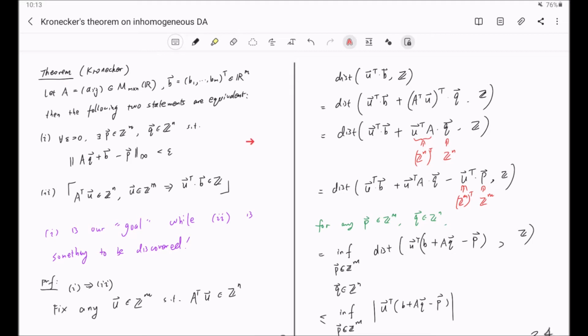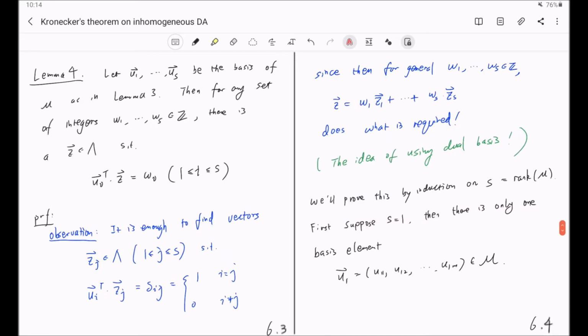How is the basis associated to this defining approximation in the inhomogeneous setting? And now, let me answer this question with a corollary to the lemma 4.